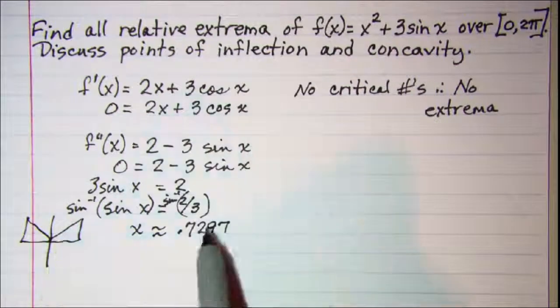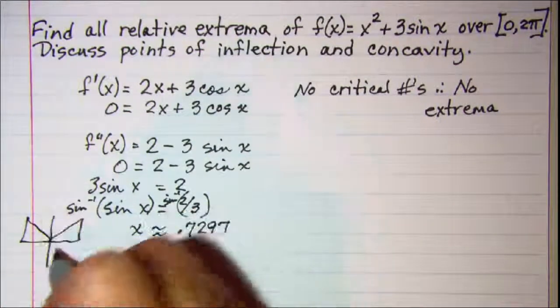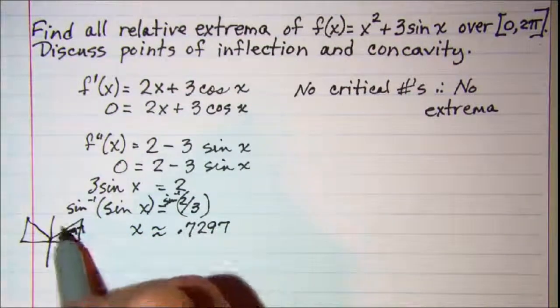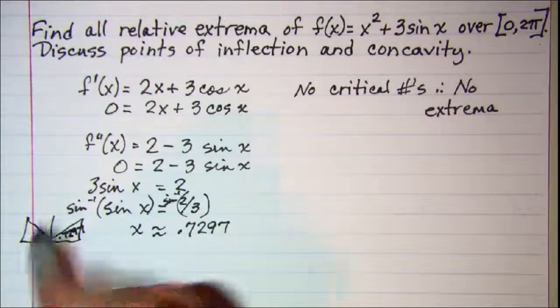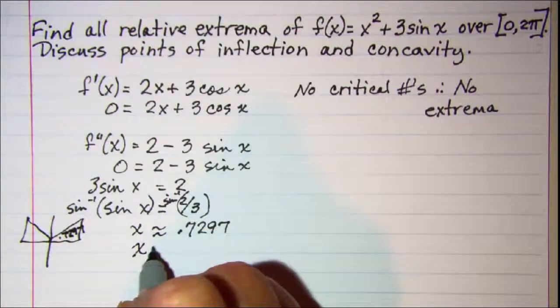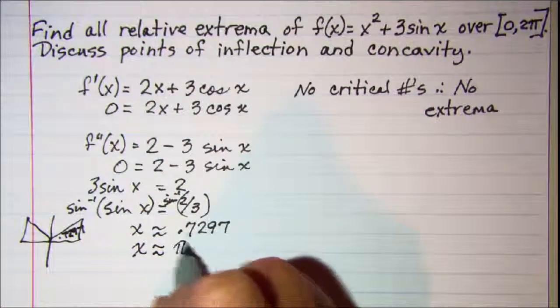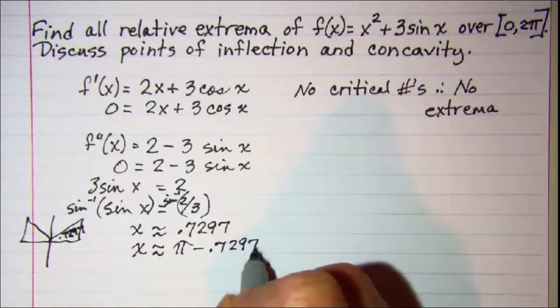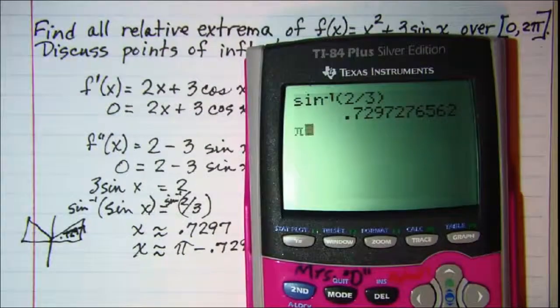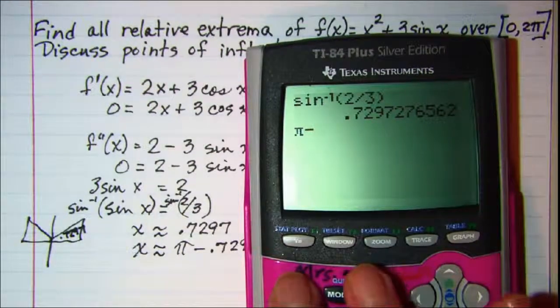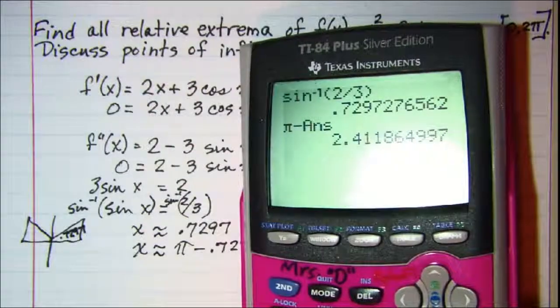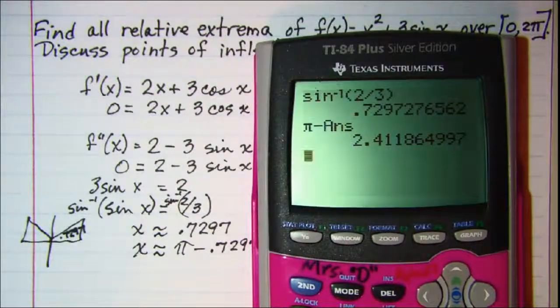So if my reference angle is 0.7297, I can find this angle in the second quadrant by taking pi and subtracting that angle. Pi, subtract my previous answer, and it looks like we have 2.4119.